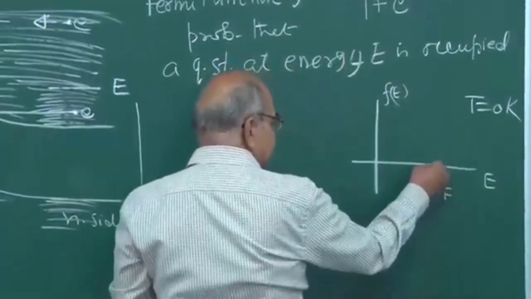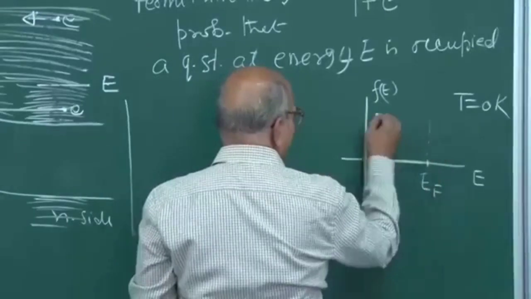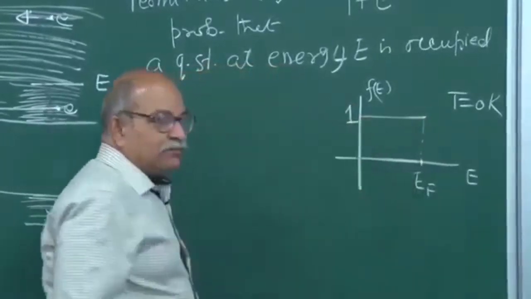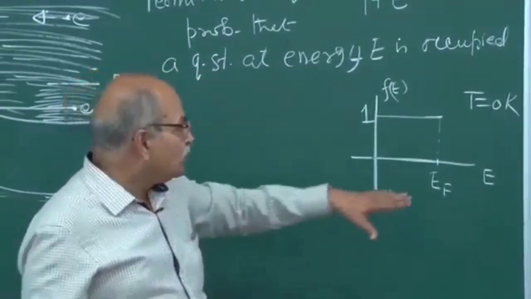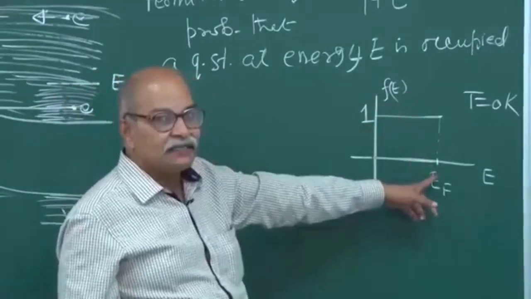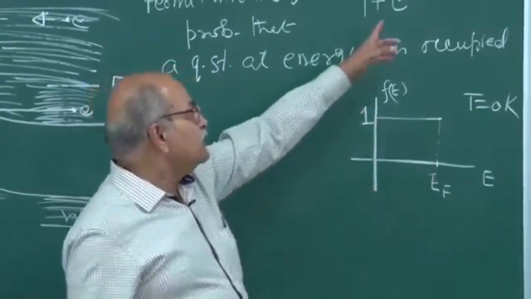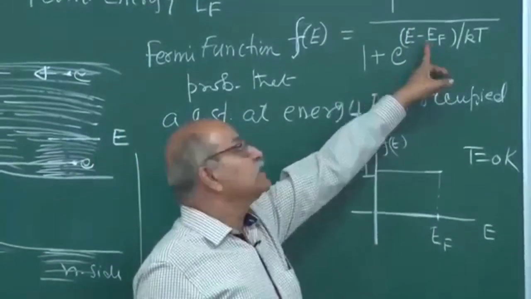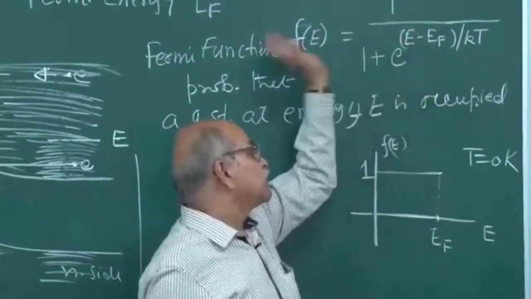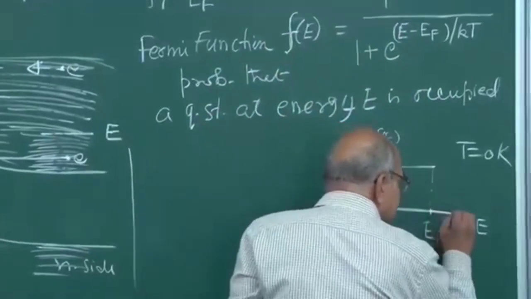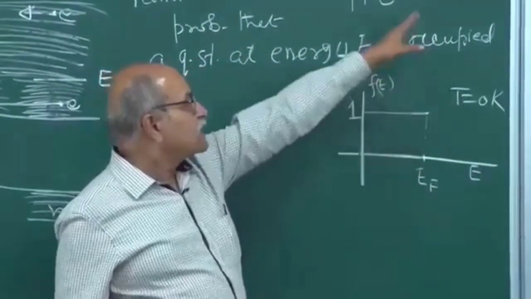So for all energies less than EF, this function will be 1. That means at 0 K, all quantum states with energy less than EF will be occupied by electrons. Probability is 1. And if E is greater than EF, then it is e to the power plus infinity, which is infinity, and this probability will be 0. So the function here is 0. That's the kind of function at 0 Kelvin.